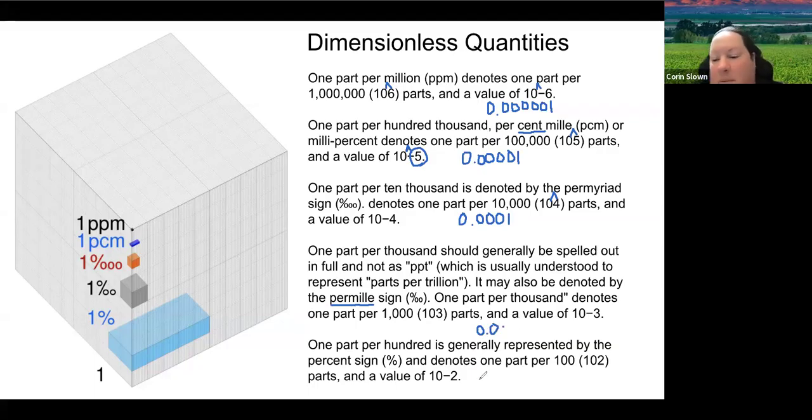And then 1 part per 100 is usually represented by the percent sign, but you can think of it as 0.01. So this is the first column in the table that you're building. So you can have labeled the quantities, and then you know how much the ratio is, or the part per, as a result of constructing this table.